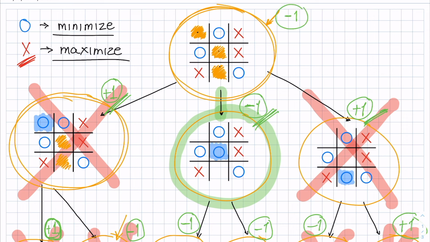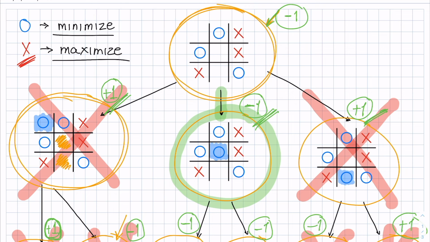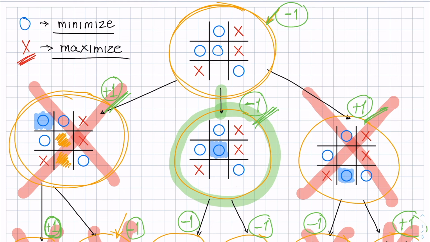So in other words, this is a board where the minimizing player, or the player with the circle, is going to win. And if you see it, it's pretty obvious. The next player to move is the circle. So he can put the circle here. Why? Because he's blocking the maximizing player's win.